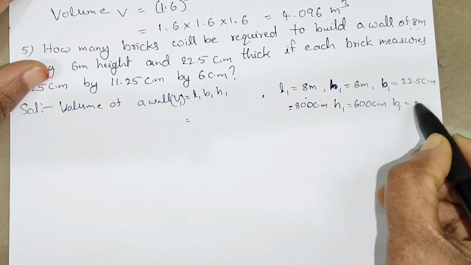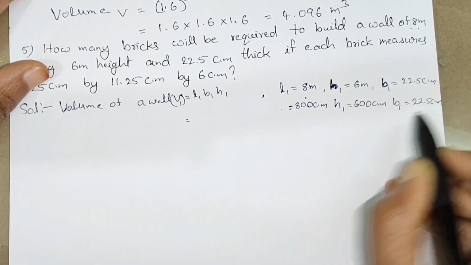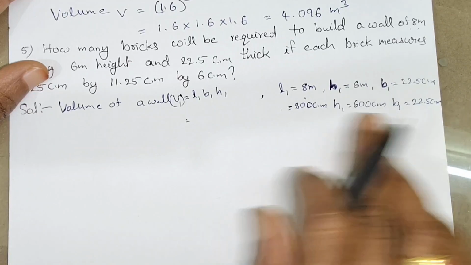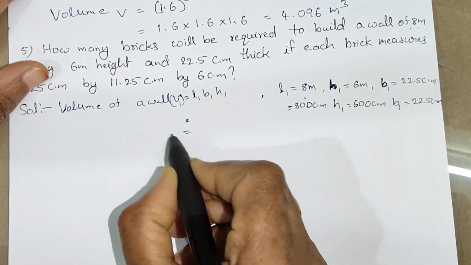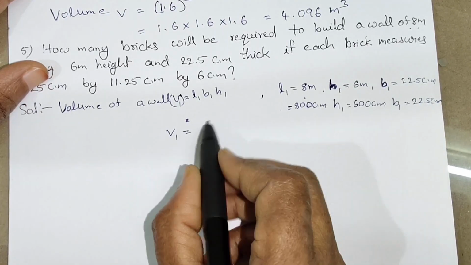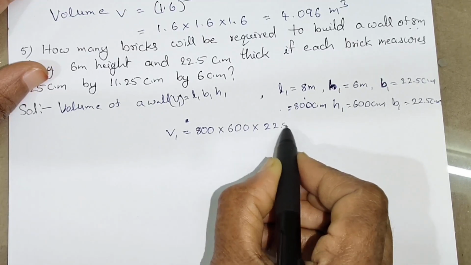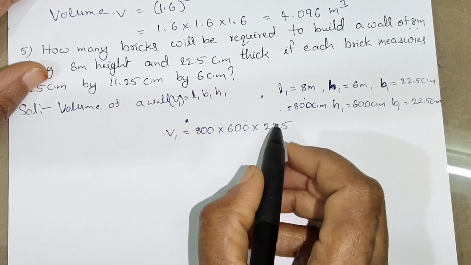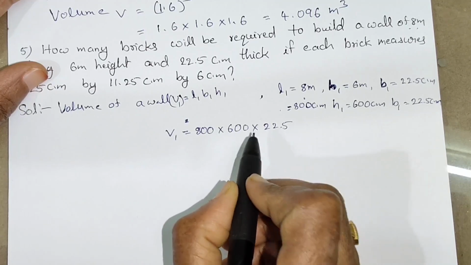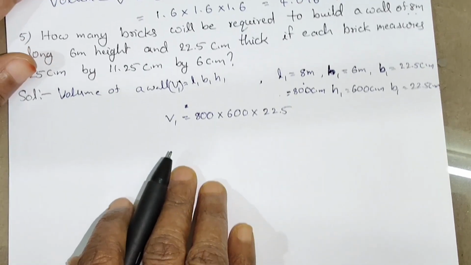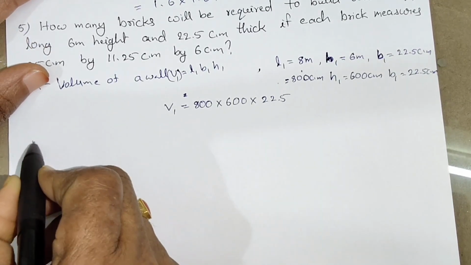The other one equals 22.5 centimeters. Now all three units are the same. Substituting these values, the volume V1 equals 800 into 600 into 22.5. This is the volume of the wall. Next we find the volume of the brick.